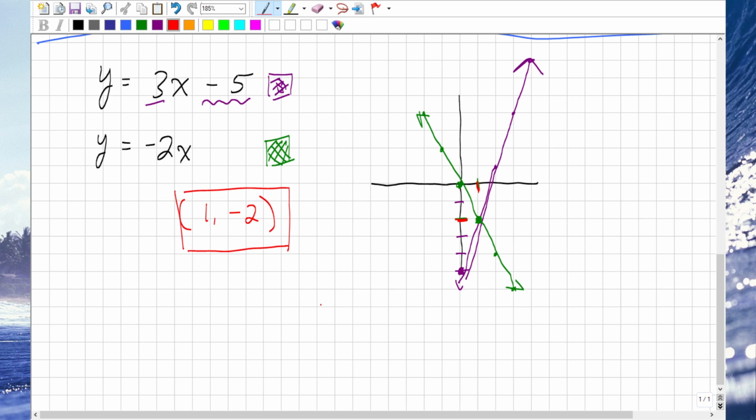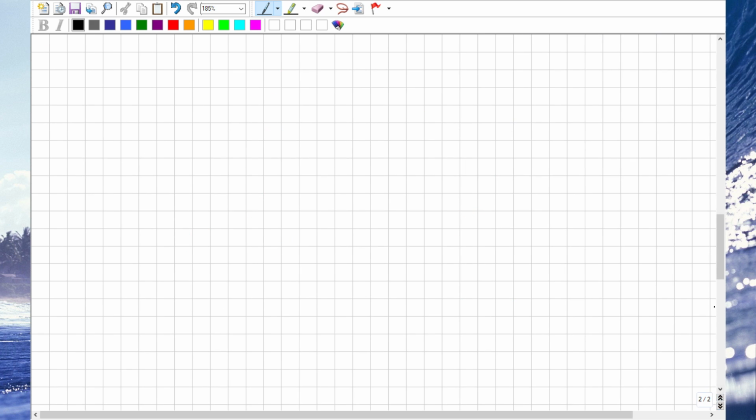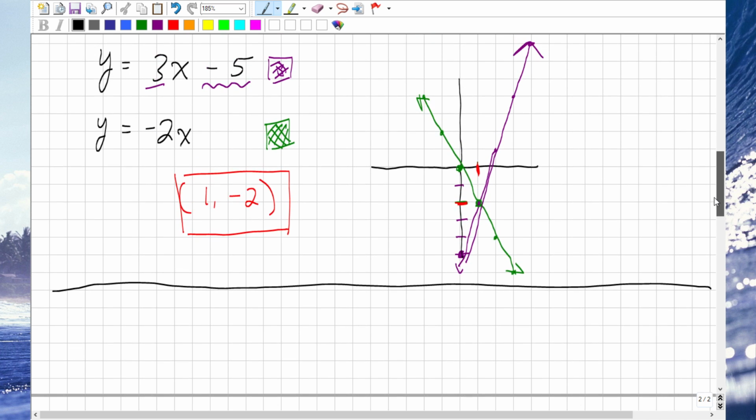And that's basically the gist of all of the questions in 5-2, which is what we went over today. What we're going to do is graph the two lines and see where they intersect. So step 1, graph.